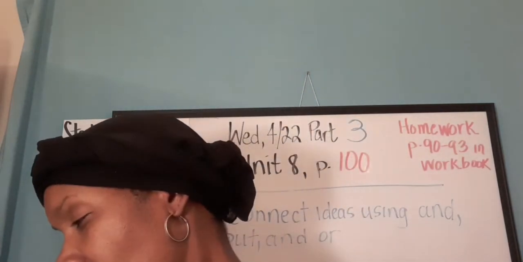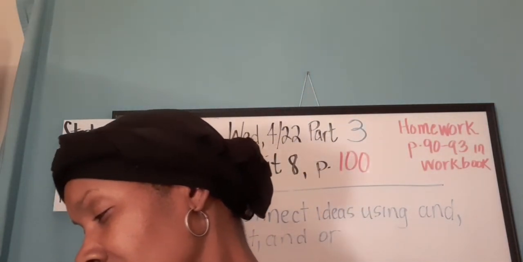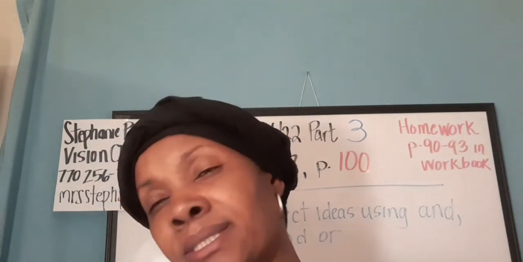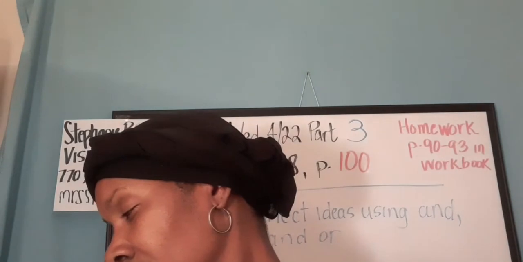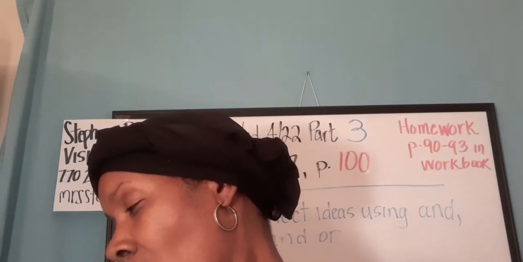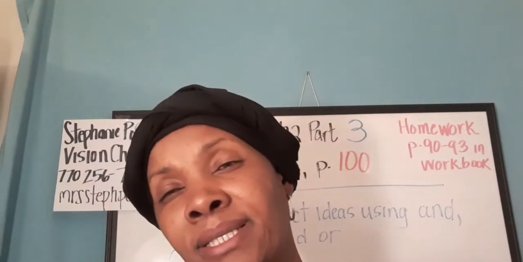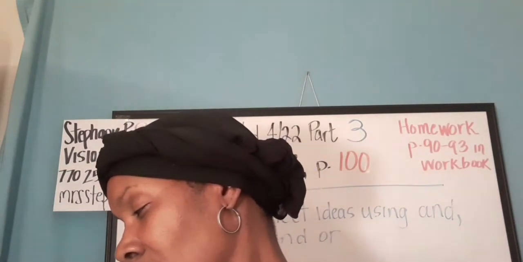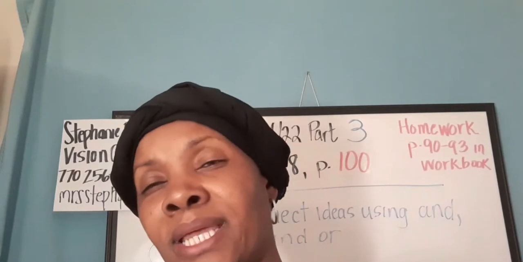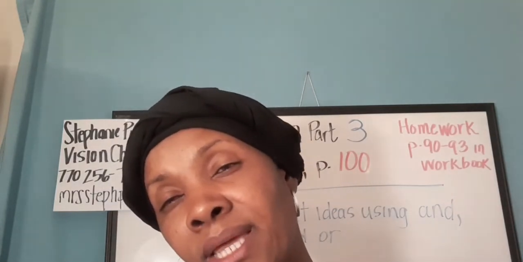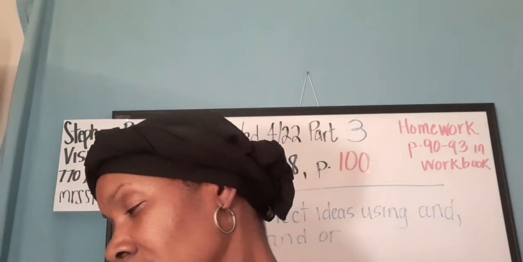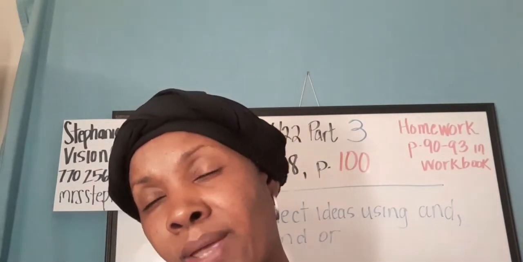So, statements. I work on Saturdays. I also work on Sundays. And so that becomes, I work on Saturdays and Sundays, because those are similar ideas, the days that she works, right?